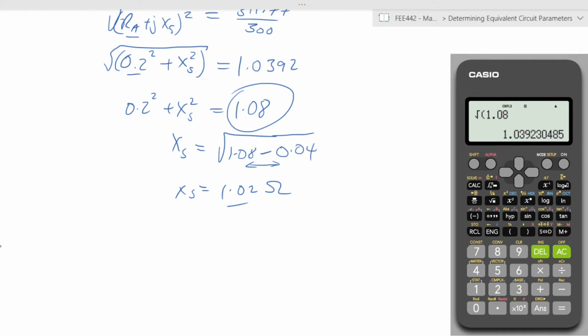So what you would determine is, if you want an approximate value of XS, you could take EA over IA.